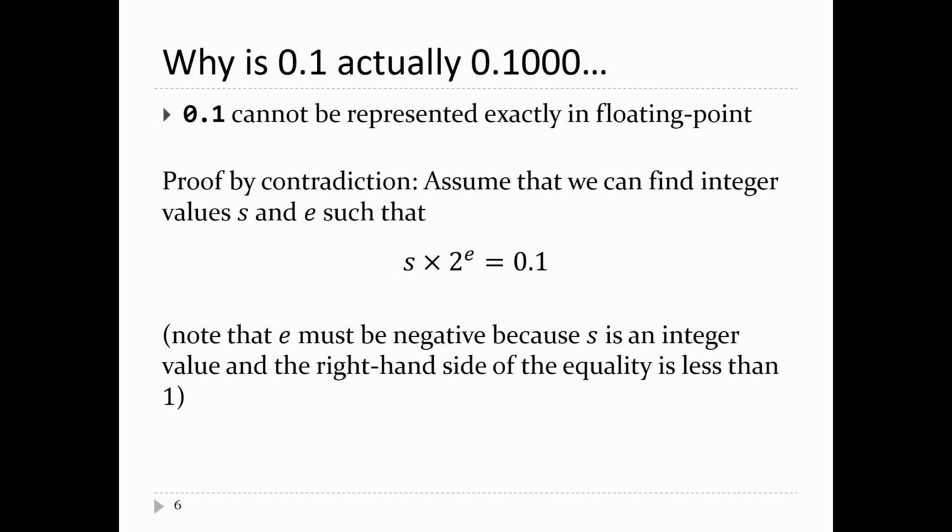It's pretty straightforward in this case. I'm going to assume s times 2 to the e equals 0.1 for some integer value s and some integer value e. e, of course, must be negative, otherwise I can't get a value less than 1. In other words, I have to take s and divide it by 2 to some exponent to get 0.1.